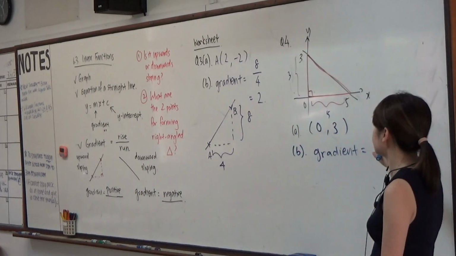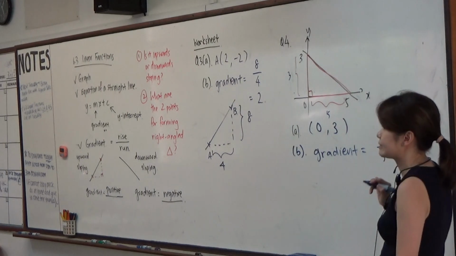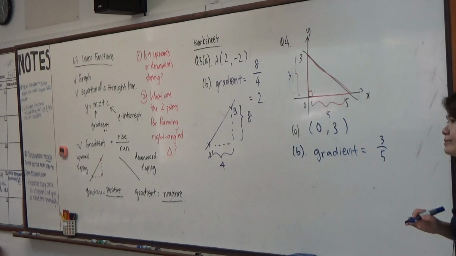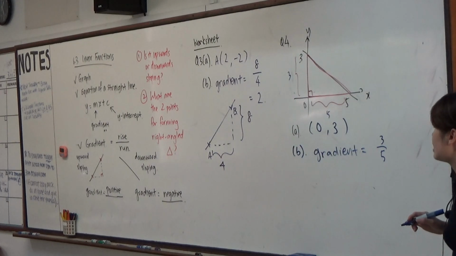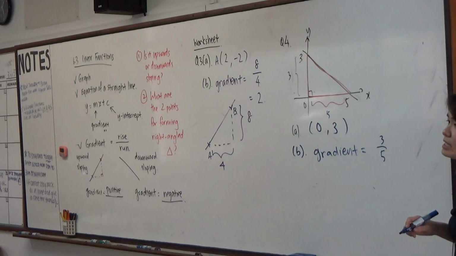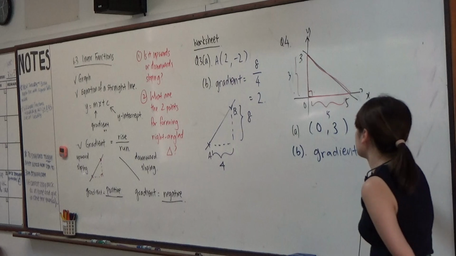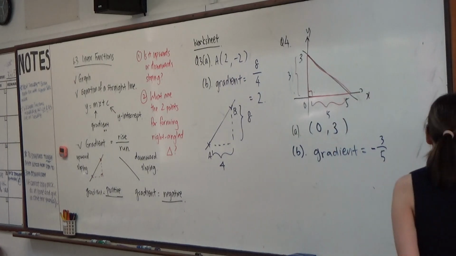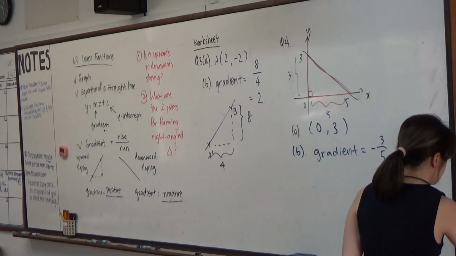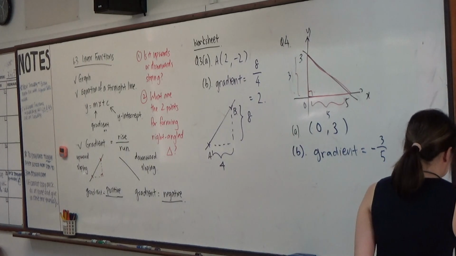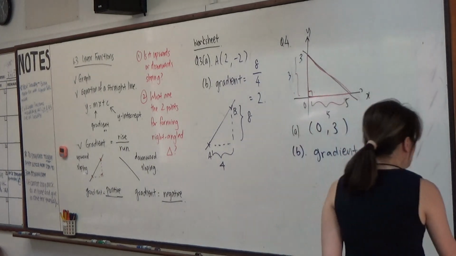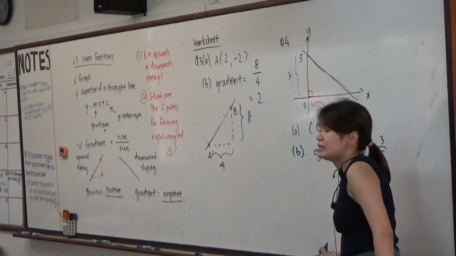So it's 3/5. You sure? Yes, I know that the gradient is rise over run, but I want us to check whether 3/5 is the correct answer. Is this line downward sloping or upward sloping? It should be a negative 3/5. Thank you. Alright, so the gradient will be negative 3/5 in this case.